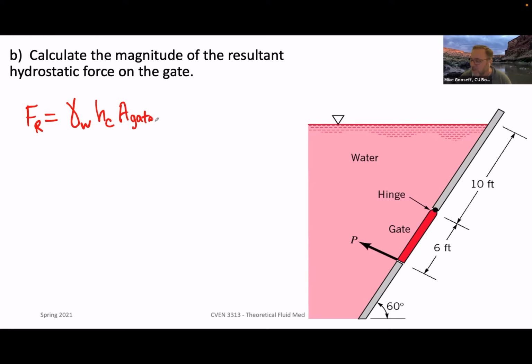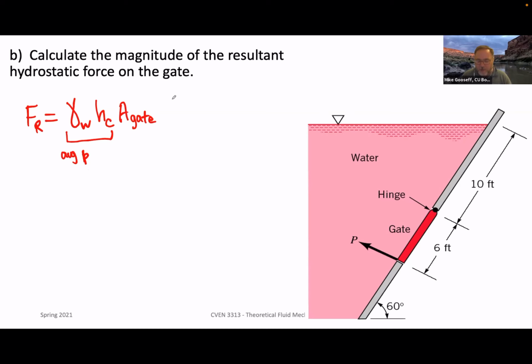So one thing I want to point out, this is just giving us the average pressure acting on the gate. When we multiply by an area, we get a force, right?